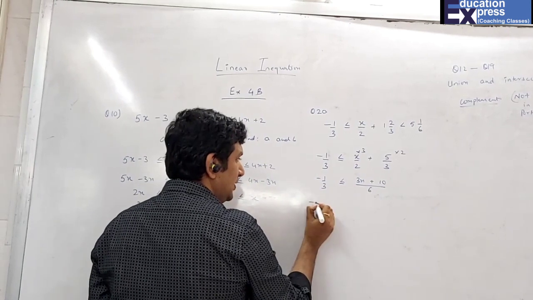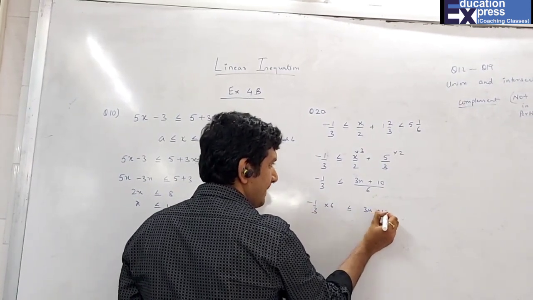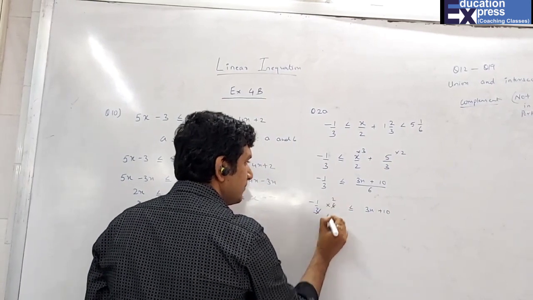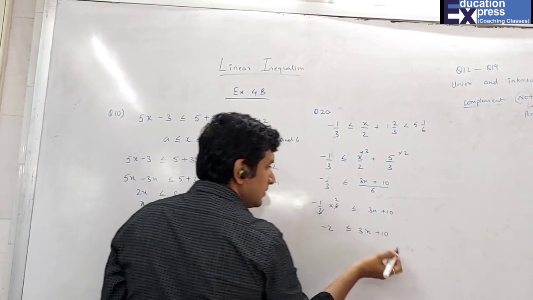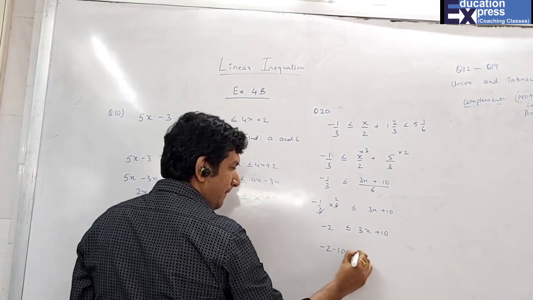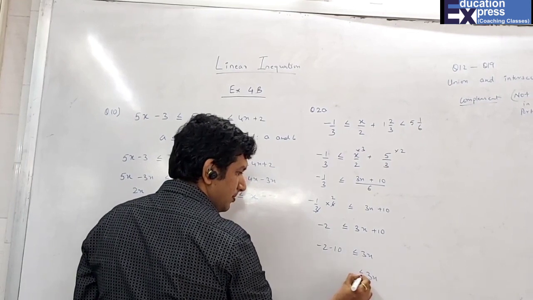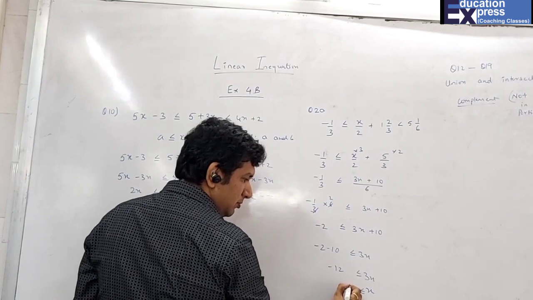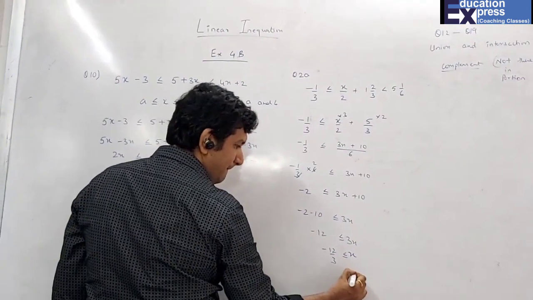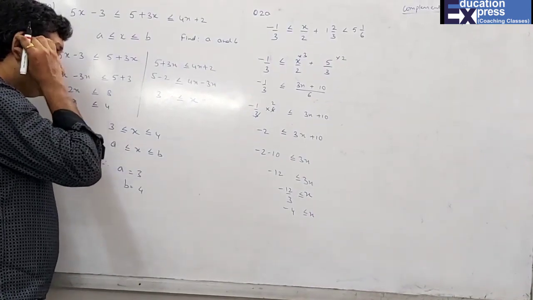So if I cross multiply, minus 2, so x is more than or equal to 12 upon 3. So x is more than or equal to minus 4.